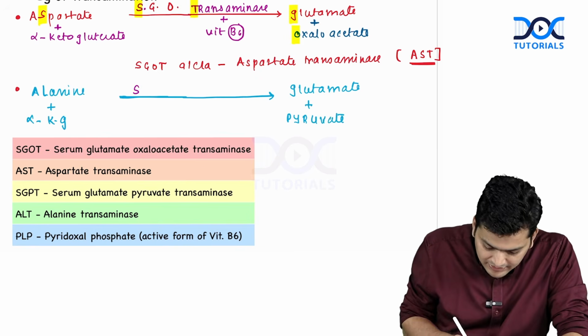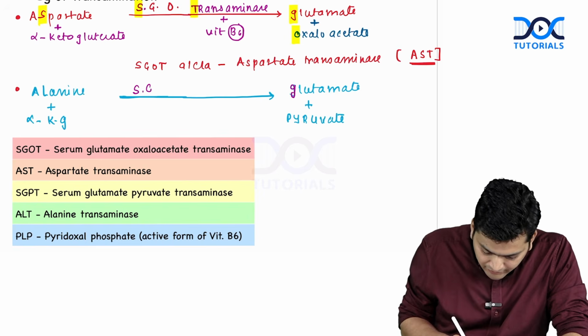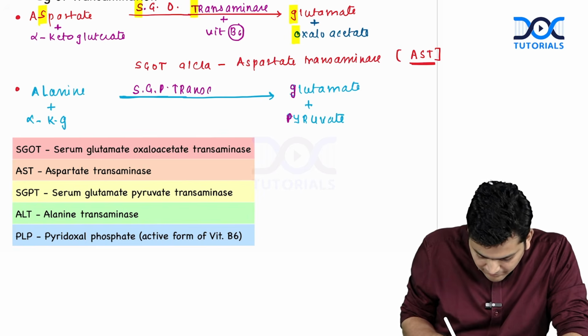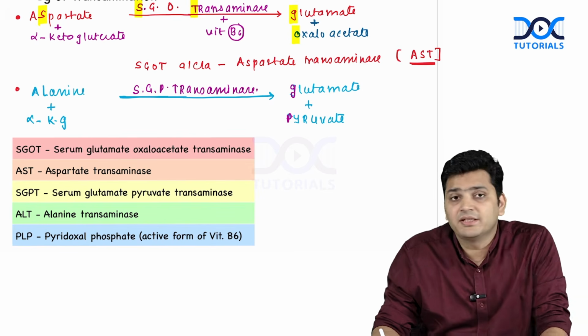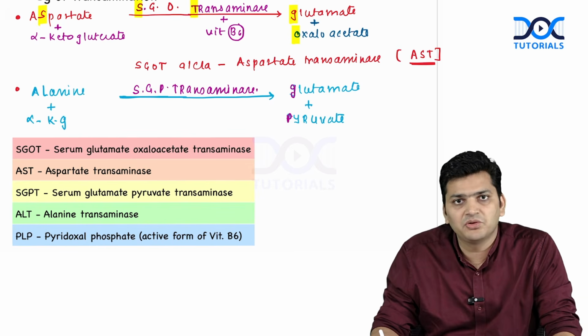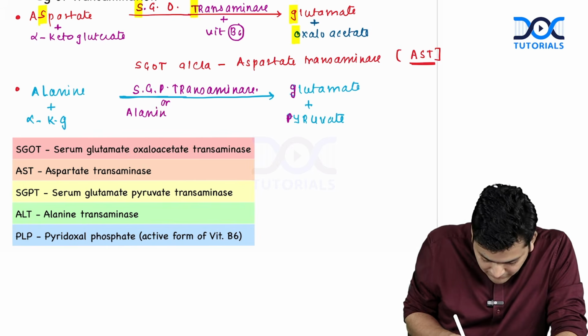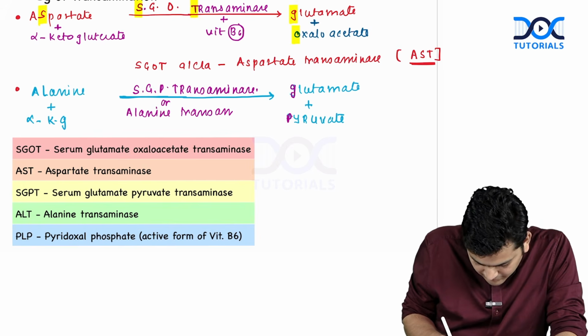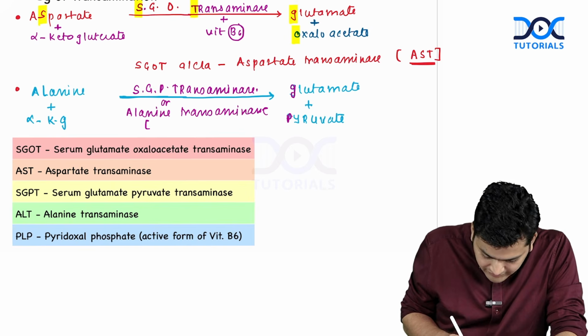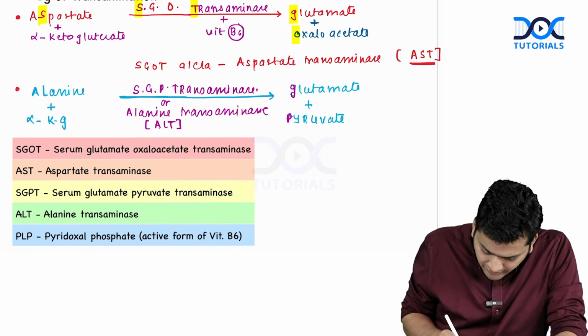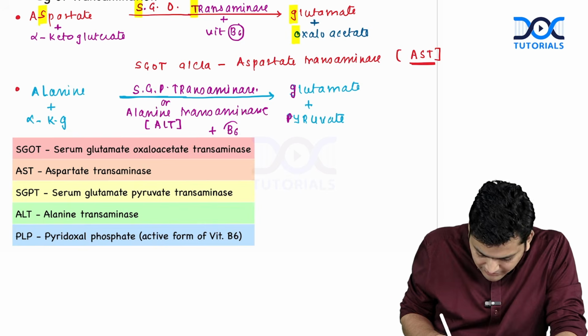It will be serum glutamate pyruvate transaminase, SGPT. Because this is doing the transamination of alanine, it is also called alanine transaminase, written as ALT. And we will require vitamin B6.